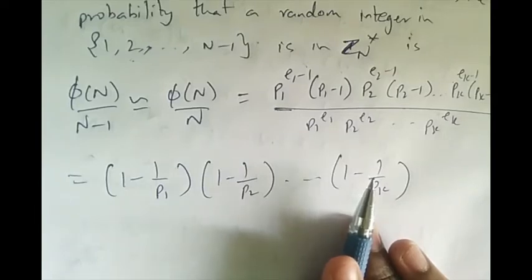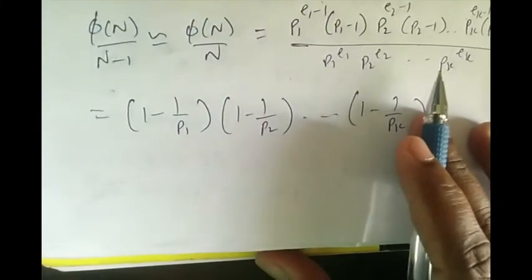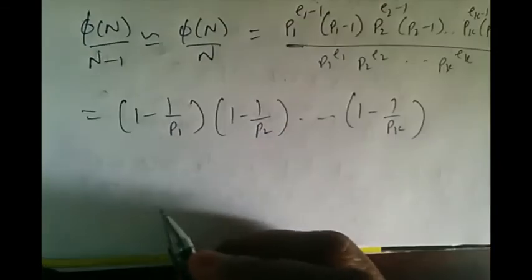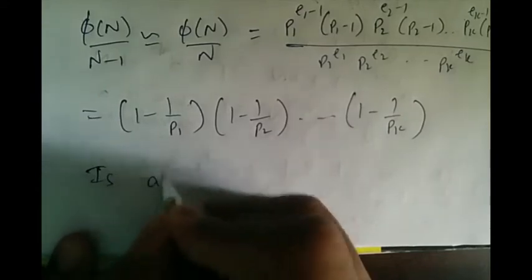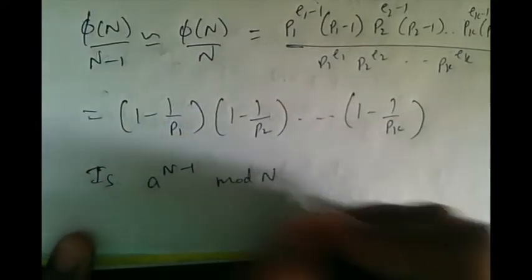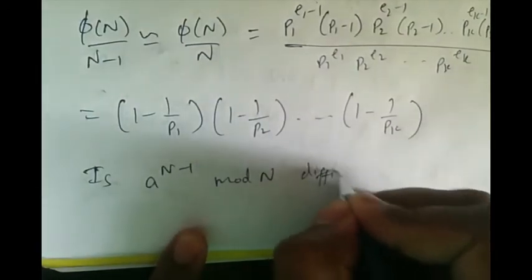So one thing before we look at the second case of a belonging to Zn star: you might be wondering that if n is very, very large, then is a raised to n minus 1 mod n difficult to compute?